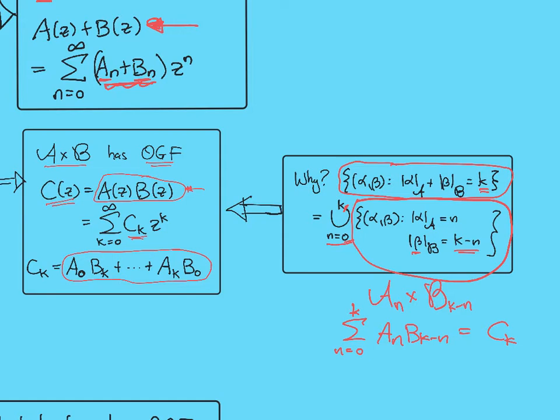So the way you multiply power series is exactly from this formula, and so it has this correspondence to the Cartesian product of combinatorial classes.